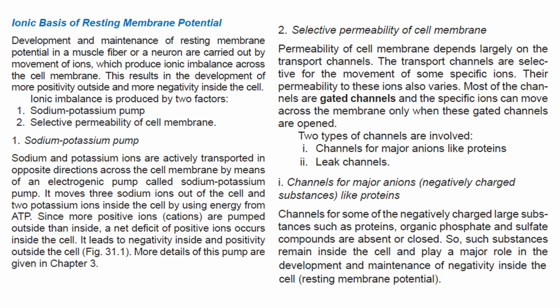These channels typically restrict the movement of large negatively charged molecules like proteins, organic phosphates, and sulfates. As a result, these substances remain inside the cell. It contributes to the overall negative charge within the cell. Number two is leak channels. These allow the slow passive movement of ions like potassium out of the cell. It further influences the ionic balance.